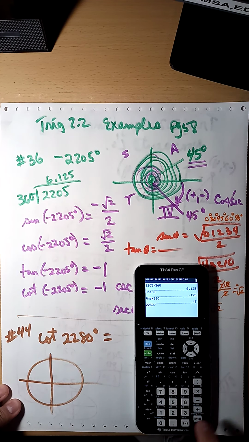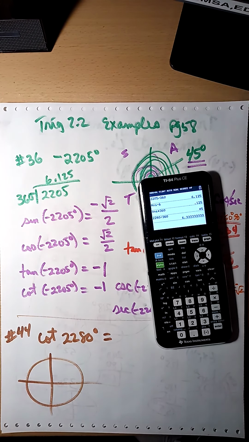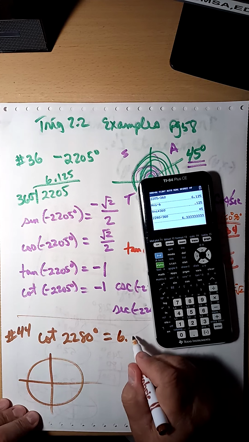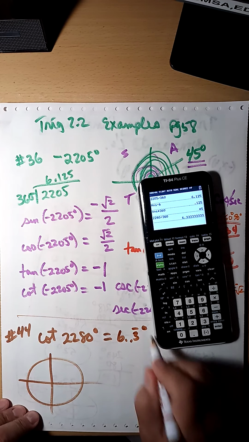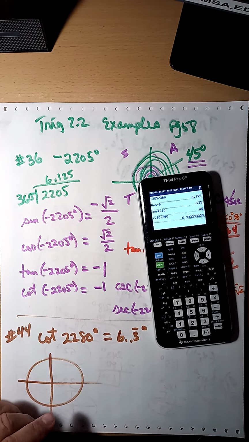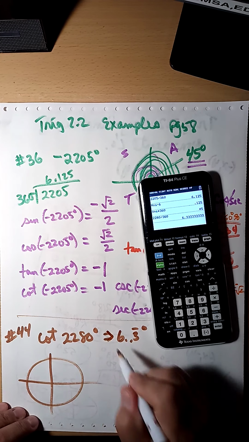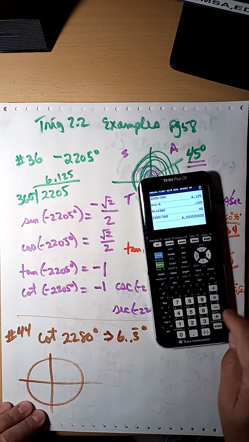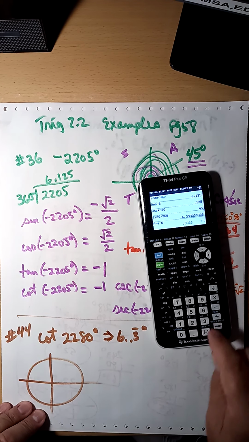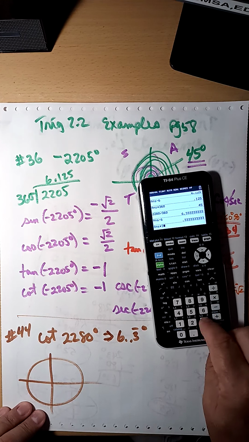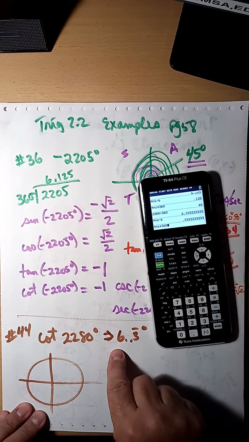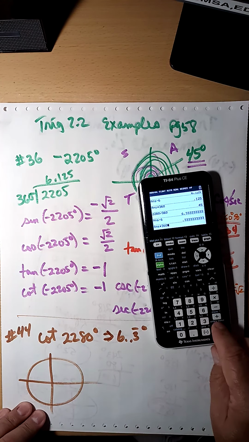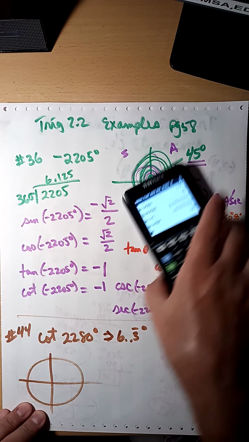2,280 divided by 360 is 6.3333 repeating. That's how many times, right? So subtract the 6 and you get 1/3. Subtract the whole number, multiply by 360, and you get 120.